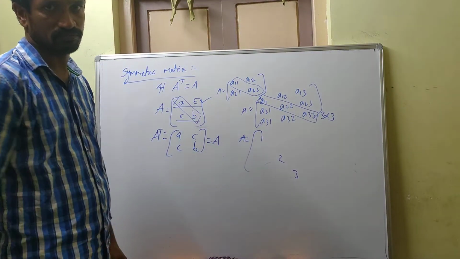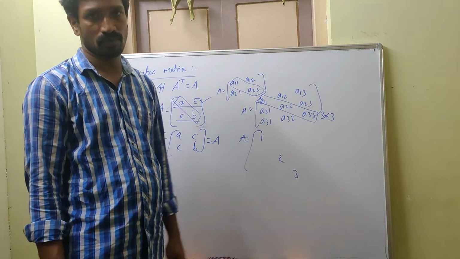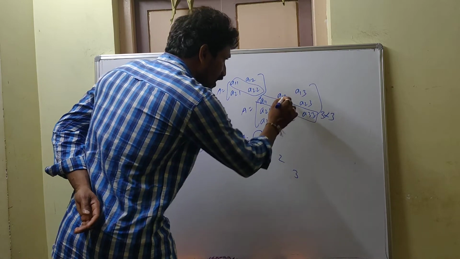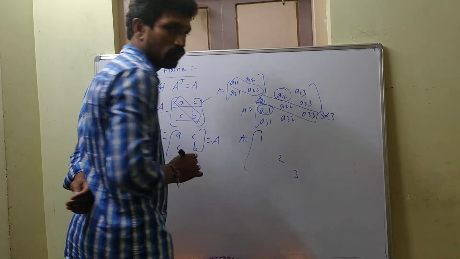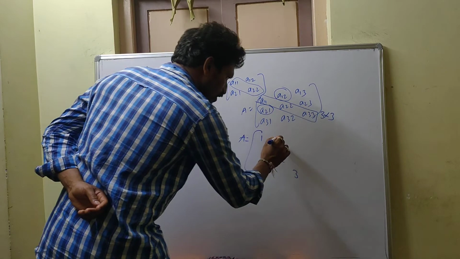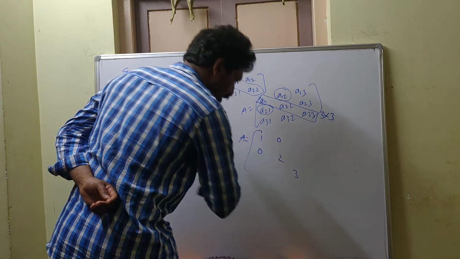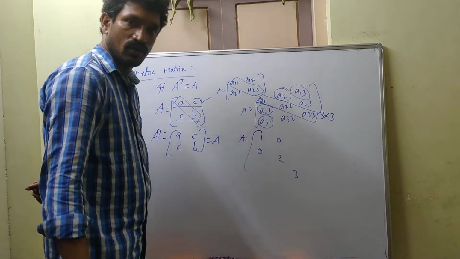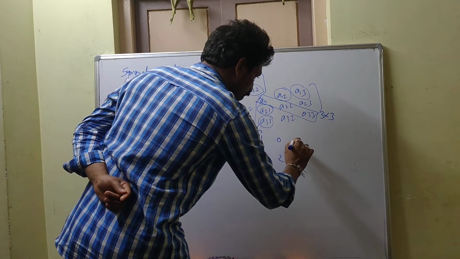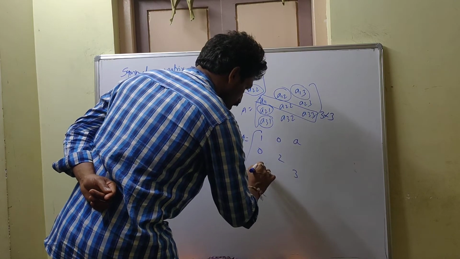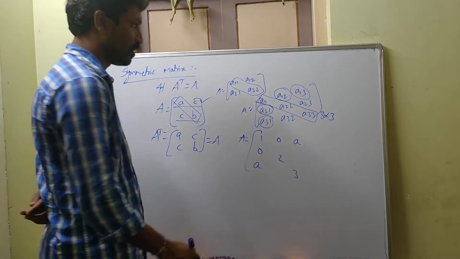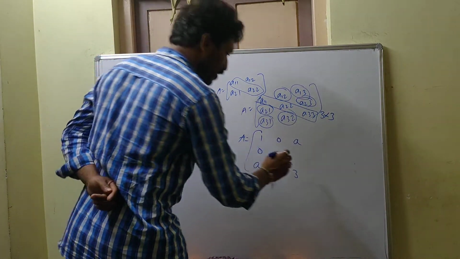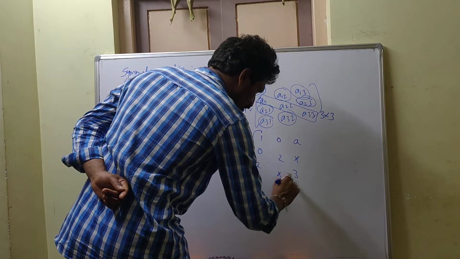Zeros also you can take. But the A12 position should equal A21. Whatever number you take here, the same number should be there. Next, A13 and A31 should also be the same numbers. For suppose here you take small a, there also small a. A23 should equal A32. If you take x here, there also x.